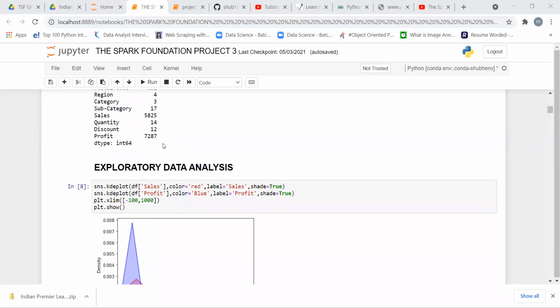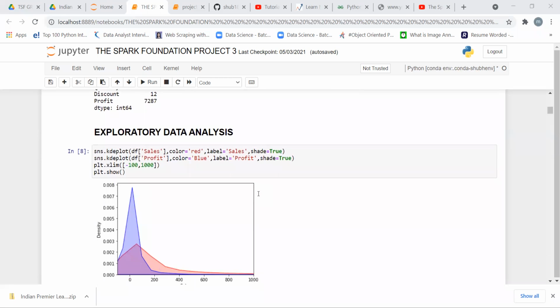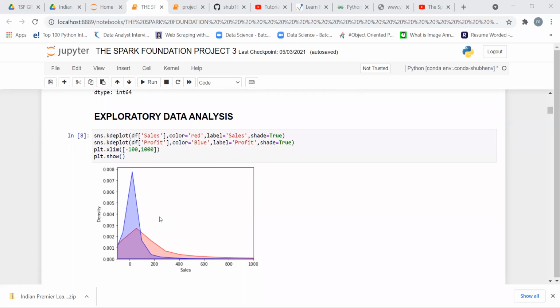Now we use exploratory data analysis. Here we use a KDE plot to analyze profit in terms of sales. We use a KDE plot and define sales with a red color and the label sales.